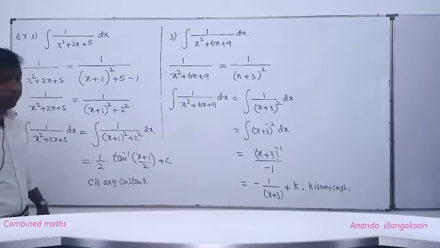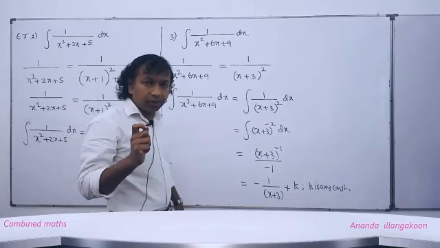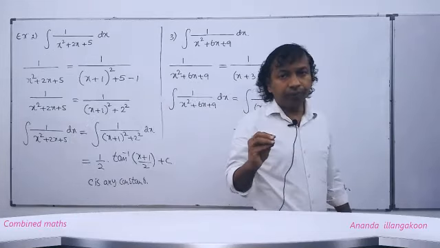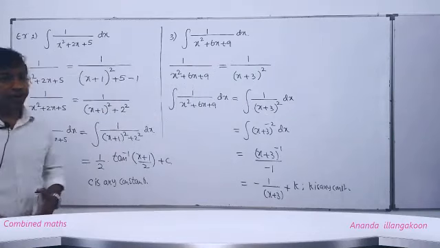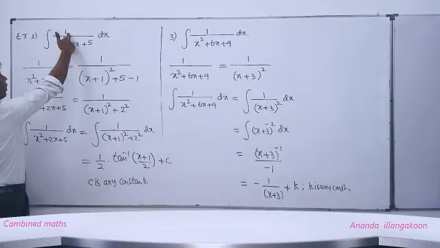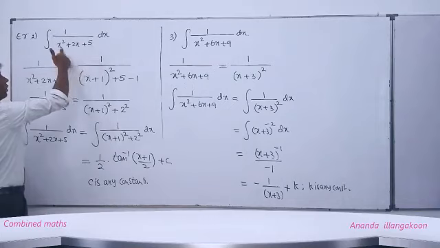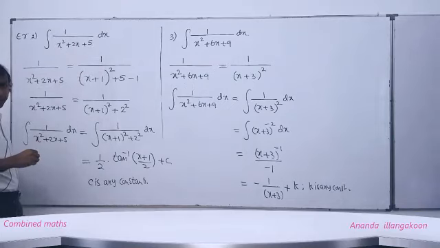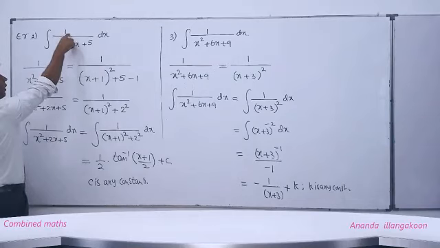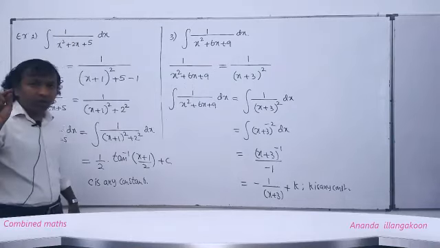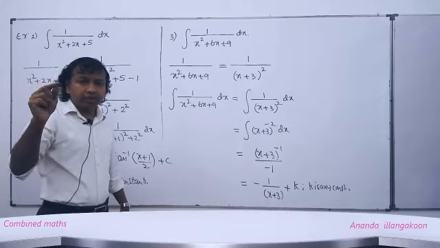Right. Now, under this type, the question may be coming in a different way. Here we considered the numerator as 1 and the denominator as a quadratic expression. On some occasions, instead of this 1 at the numerator, there can be a first degree polynomial in x, like x plus 1 or x plus 2.